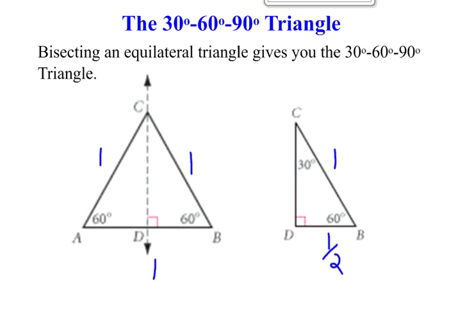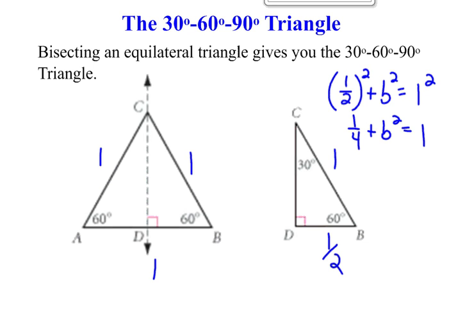We have a leg squared plus another leg squared equals the hypotenuse squared. Square 1/2, you get 1/4. Square 1, you get 1. Now we solve for b. Subtract 1/4 from both sides, you get 1 minus 1/4. 1 minus 1/4 is 3/4.